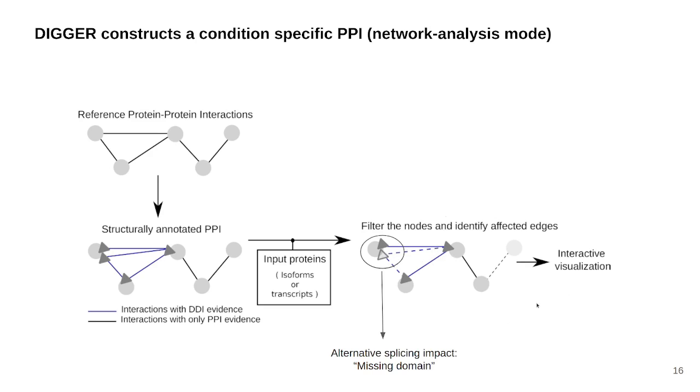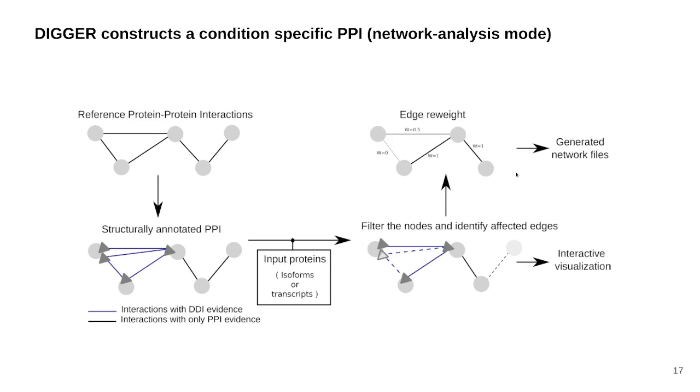You could visualize this using the DIGGER web interface. You could also generate a weighted network. Basically, for every edge, we reweight depending on the domain annotation. So for example, this weight will be 0, given that all domains mediating this interaction are not expressed.